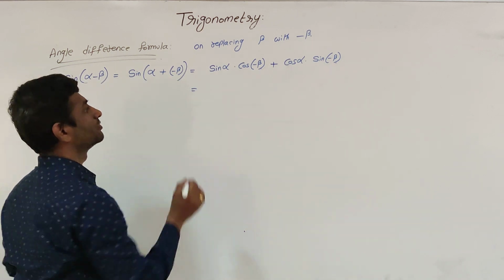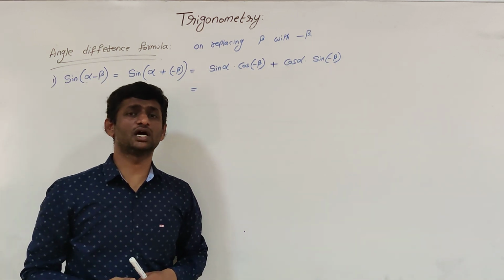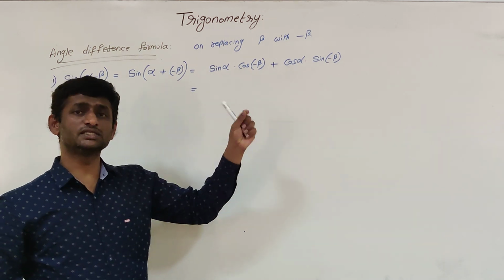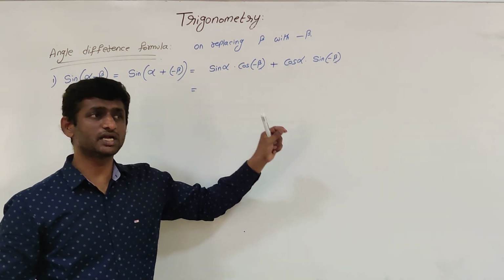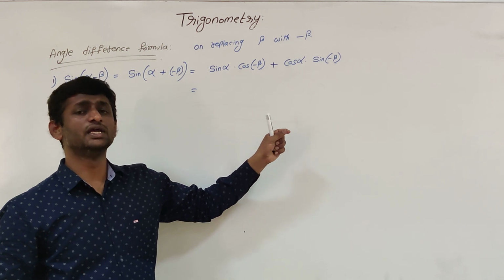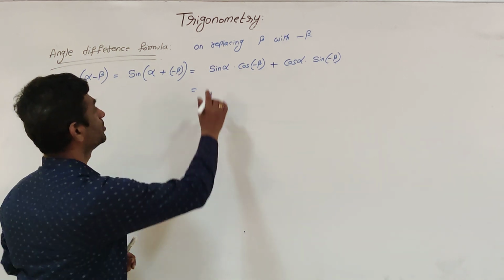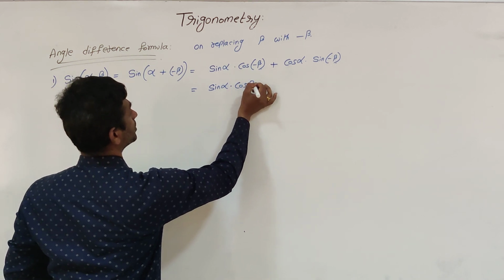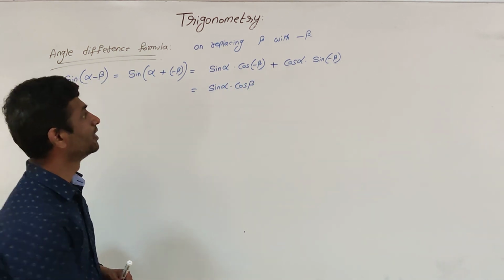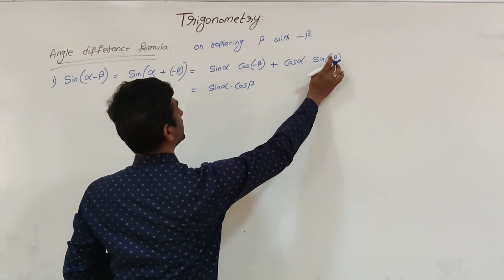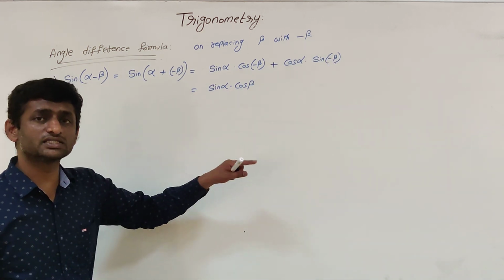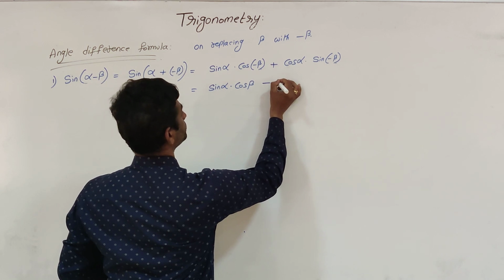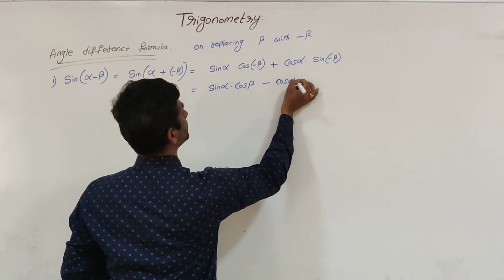As we know, what is cos of minus theta, sine of minus theta, tan of minus theta? Cos of minus theta is the same as cos theta, but sine of minus theta is minus sine theta. So sine alpha into cos beta, because cos of minus beta is cos beta, plus, but sine of minus beta is minus sine beta, so plus into minus becomes minus cos alpha into sine beta.